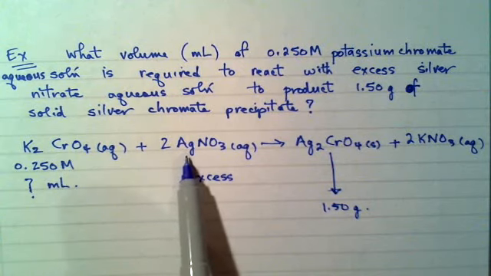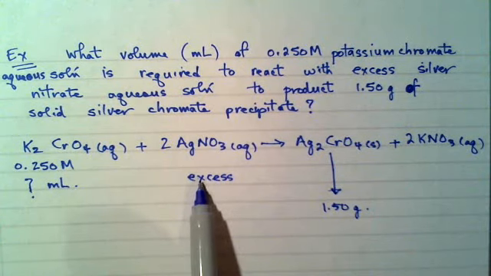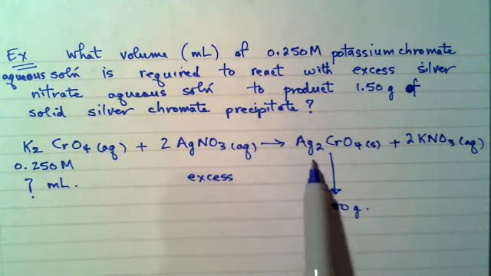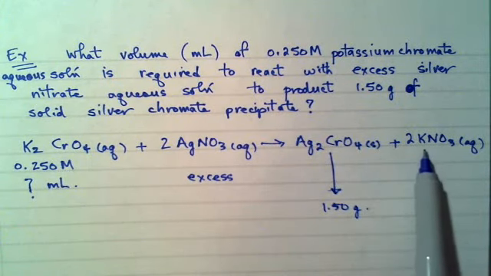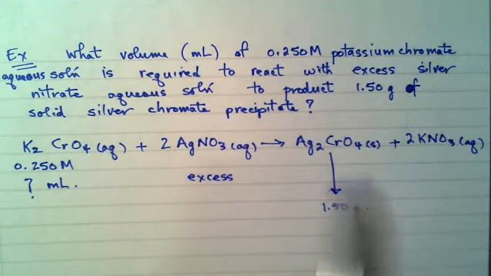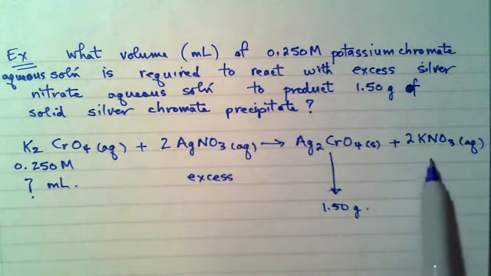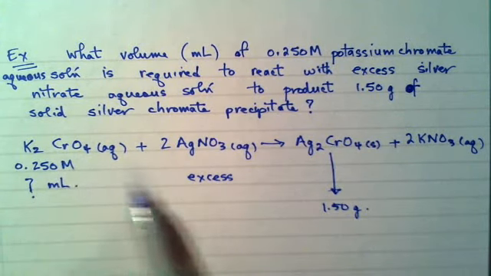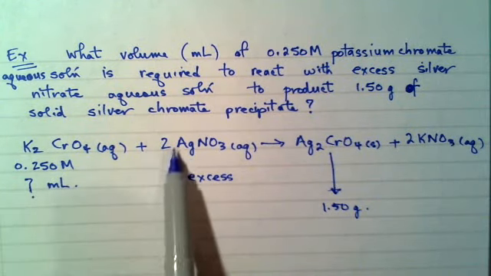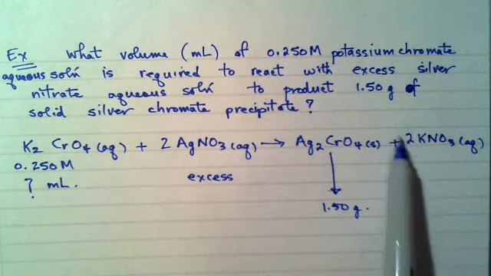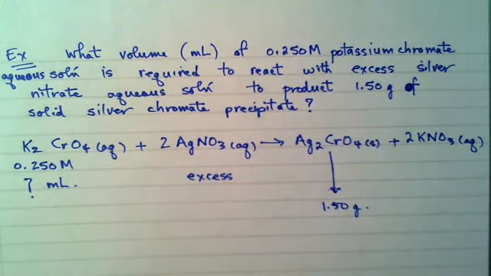I'm adding to it silver nitrate in excess. It produces silver chromate solid precipitate, and I know I'll have this left over from the two counter ions having to come together because I have to account for everything here. Balanced. If I put my 2 here, then the whole thing balances.